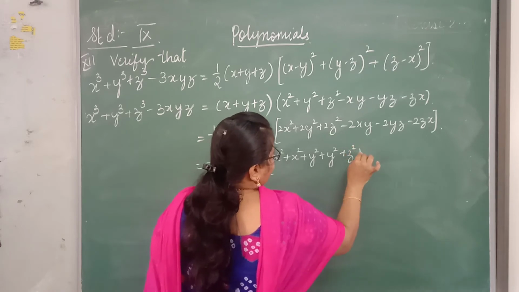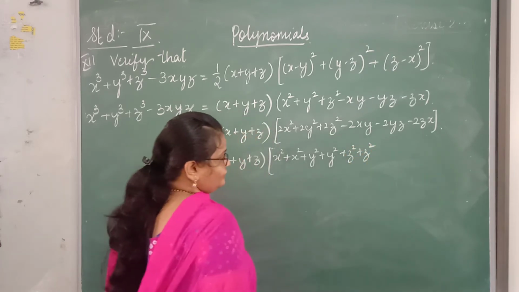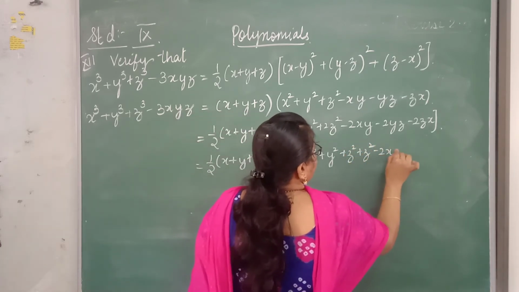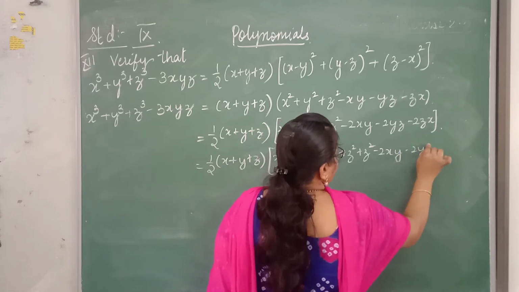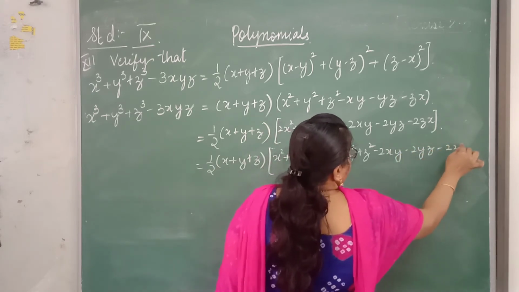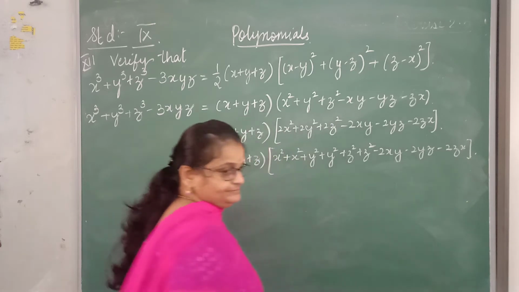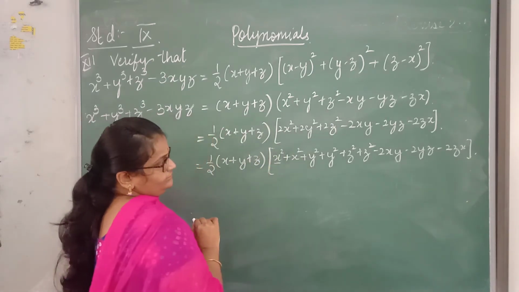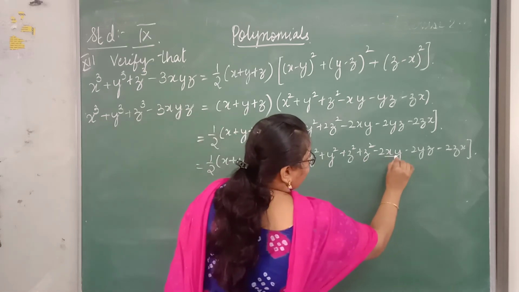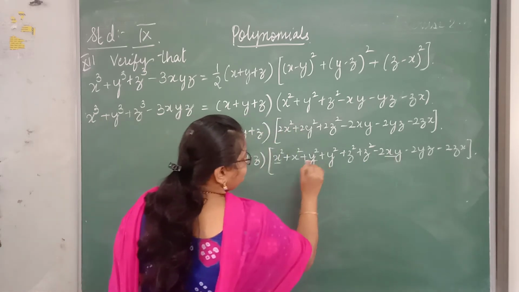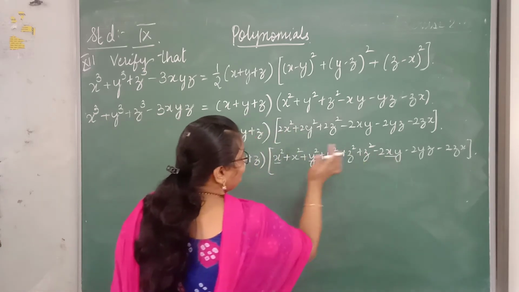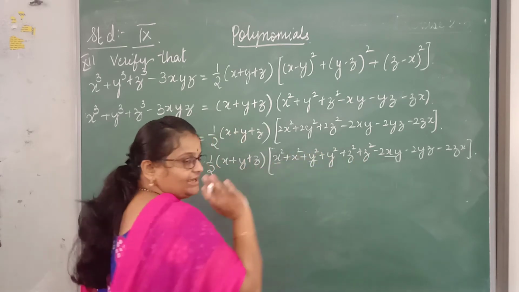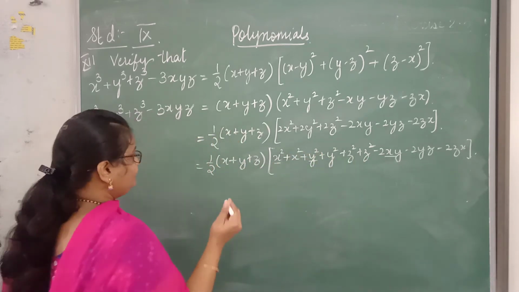Similarly z square plus z square minus 2xy minus 2yz minus 2zx. Okay, now x square minus 2xy plus y square, I can write combining these as x minus y the whole square, or first let me group it.